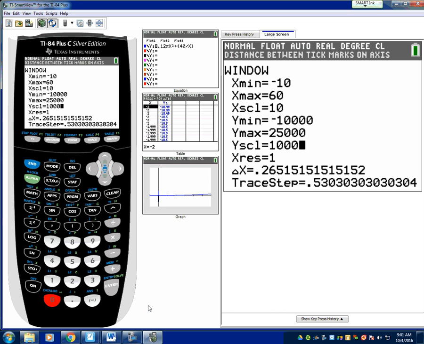I'll give you a moment just to type all that in. And then we're going to have to type in this function. There's my suggestion for the window setting. The reason we're going up to 25,000 is because we know that the upper limit is 20,000, right? So we want to be able to see that line. Right now it's graphing whatever I have in here. So we have the window set.